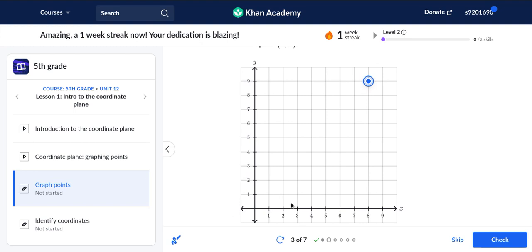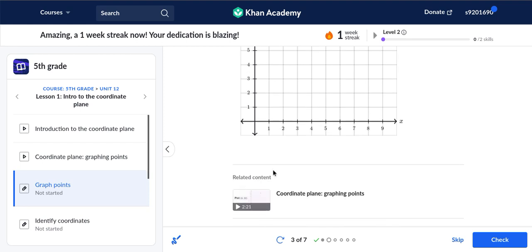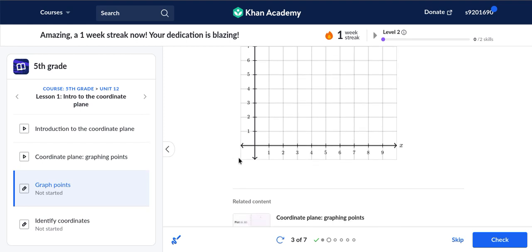So first, let me tell you the parts of a coordinate plane, or coordinate graph. This is the origin, which is the 0 on the graph.